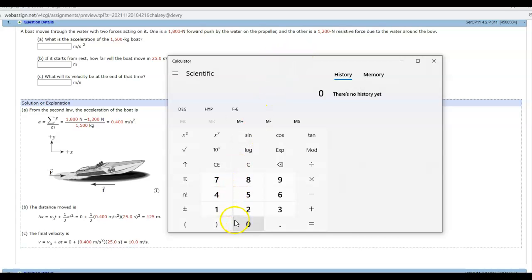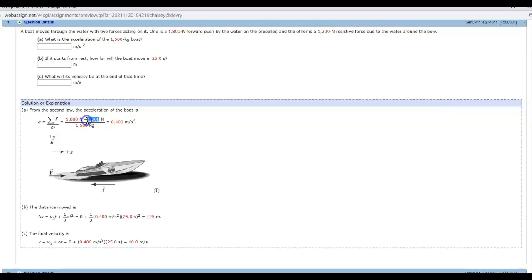Okay, it should be showing my calculator, and we'll take the 1800 minus the 1200 for a net force of 600, and then we divide that by the mass of the boat, 1500 kilograms, and we get 0.4 meters per second squared. Since there are 4 significant figures here, then we would need 4 significant figures in our answer.